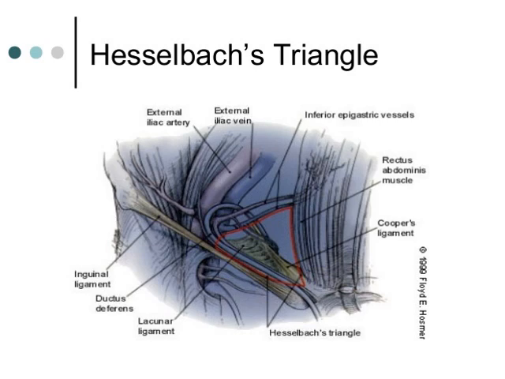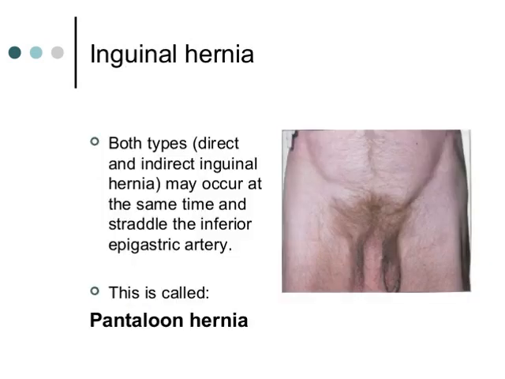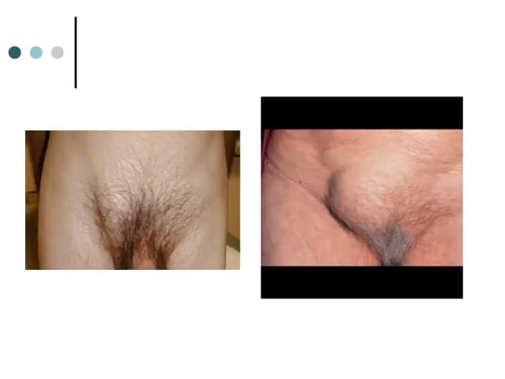This is the red triangle. Both direct and indirect inguinal hernia can occur in the same patient. This is called a pantaloon hernia. This diagram shows inguinal hernias.